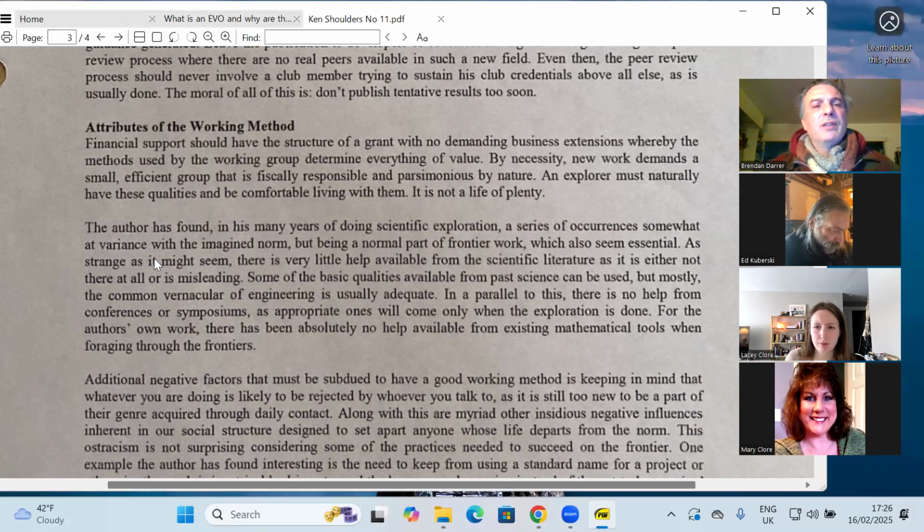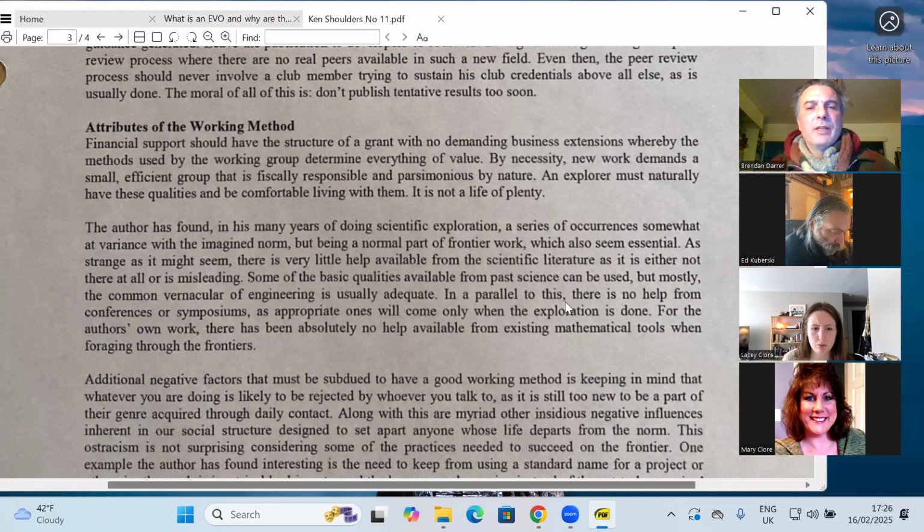As strange as it might seem, there is very little help available from the scientific literature, as it is either not there at all or is misleading. Some of the basic qualities available from past science can be used, but mostly the common vernacular of engineering is usually adequate.